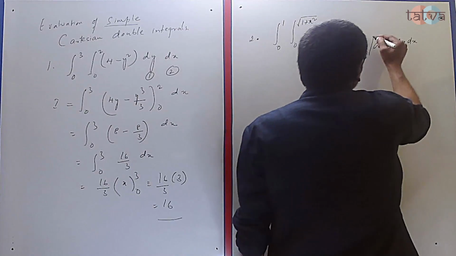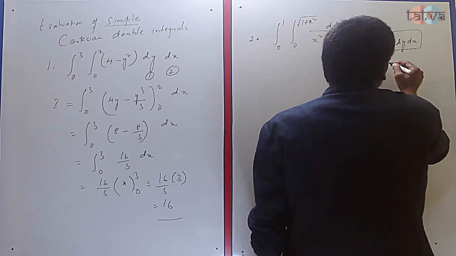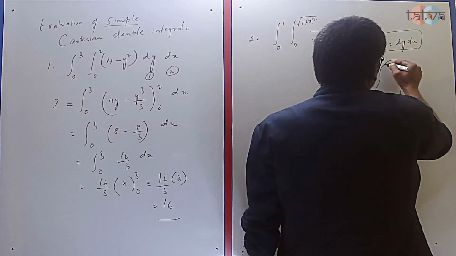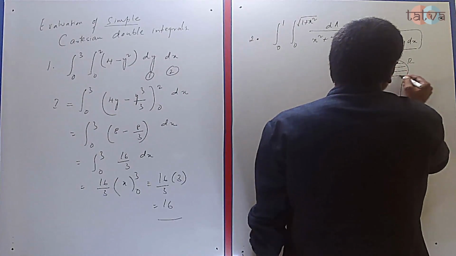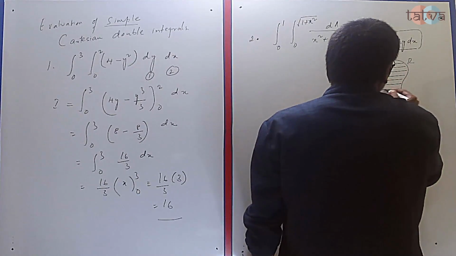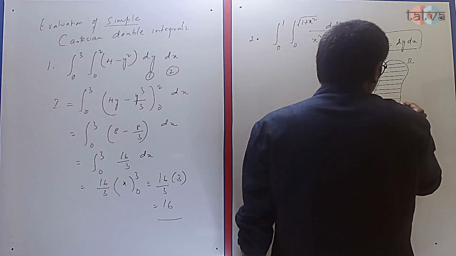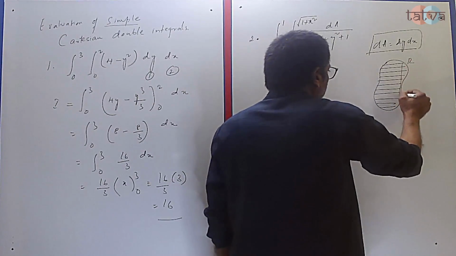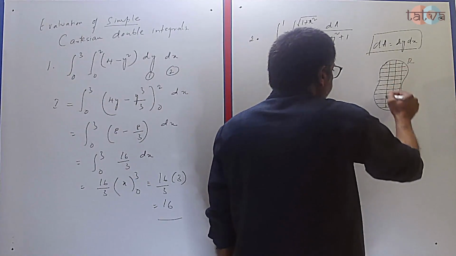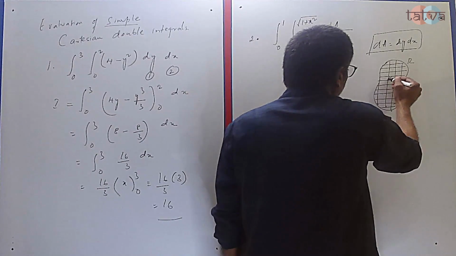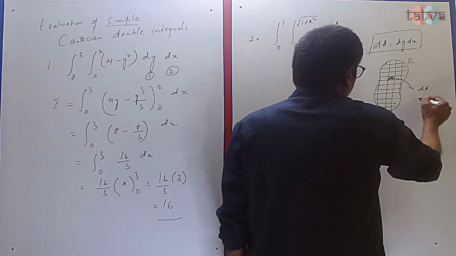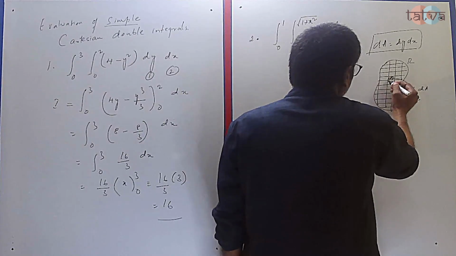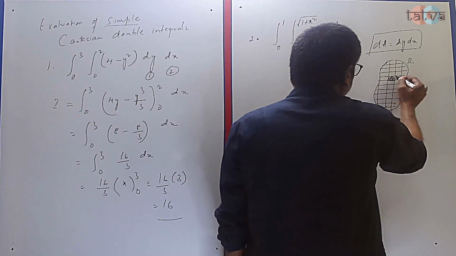Let us recall that when you have a region and you are making a mesh with horizontal and vertical lines, you get an area element dA, which is width times height.